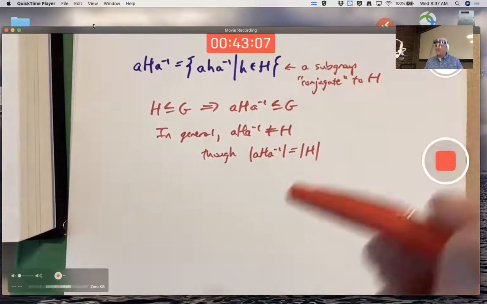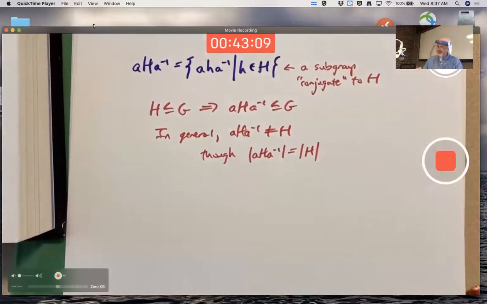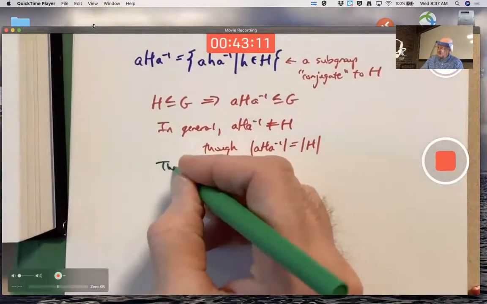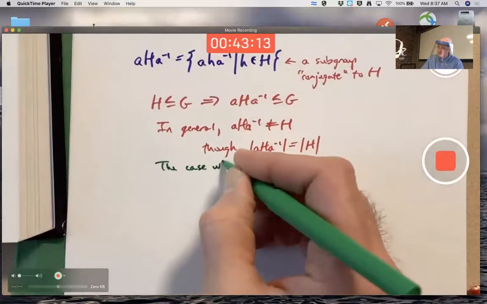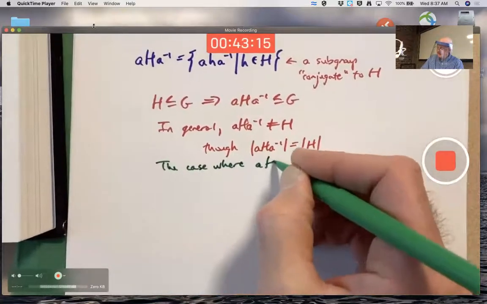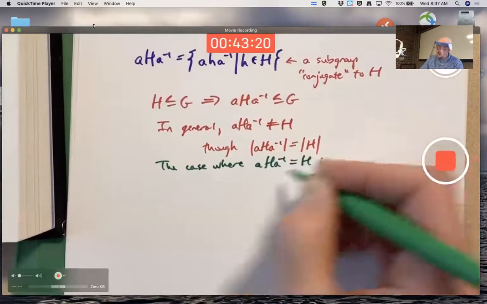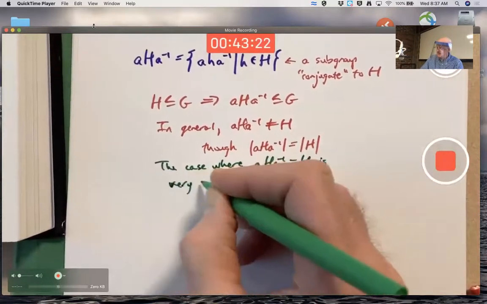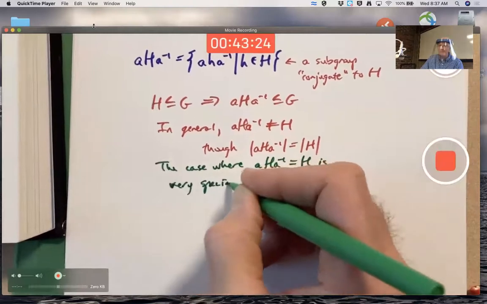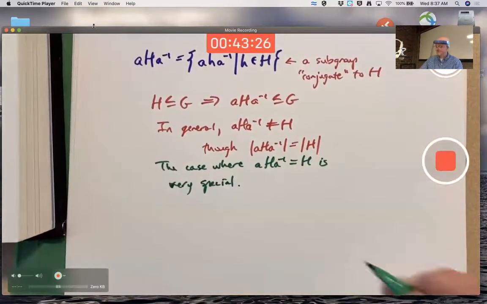When it does equal H, the case where capital H, a H a inverse does equal H, is very special, and important.